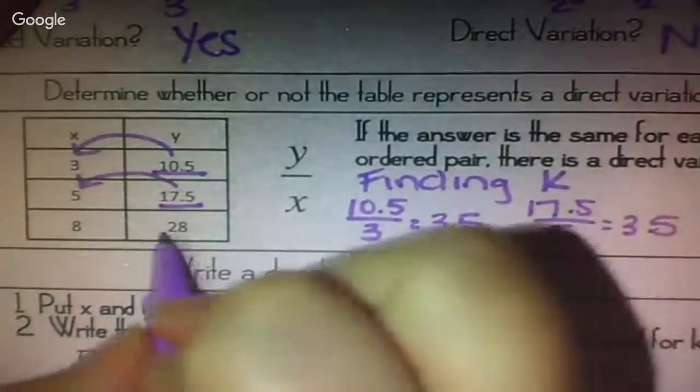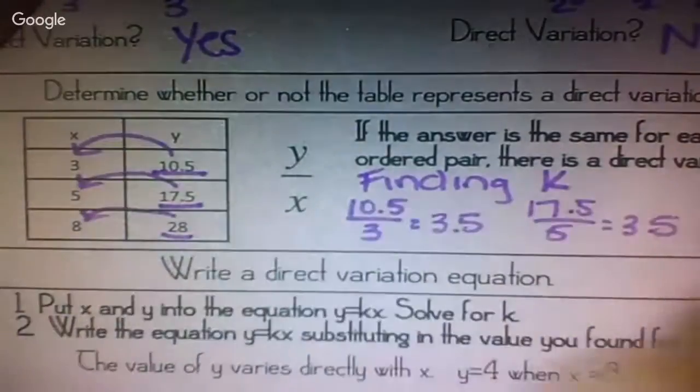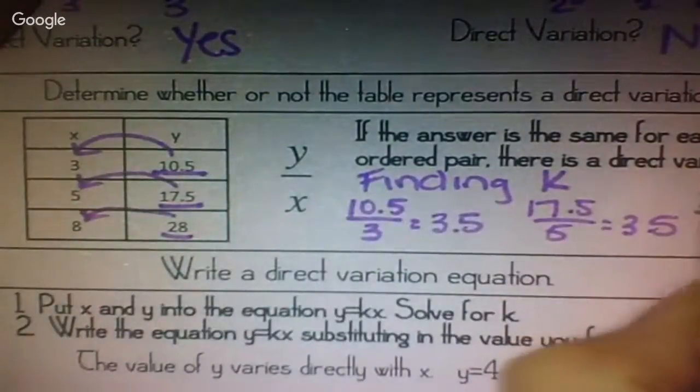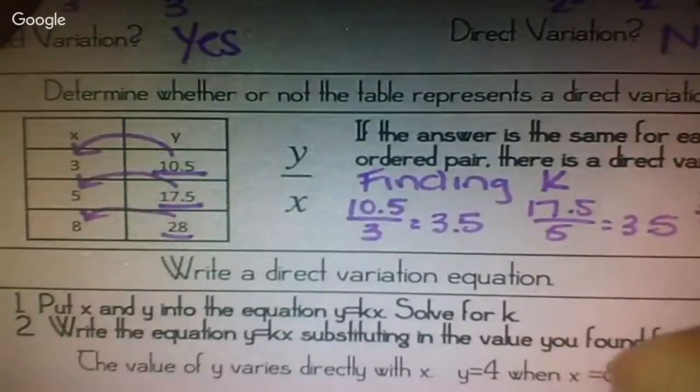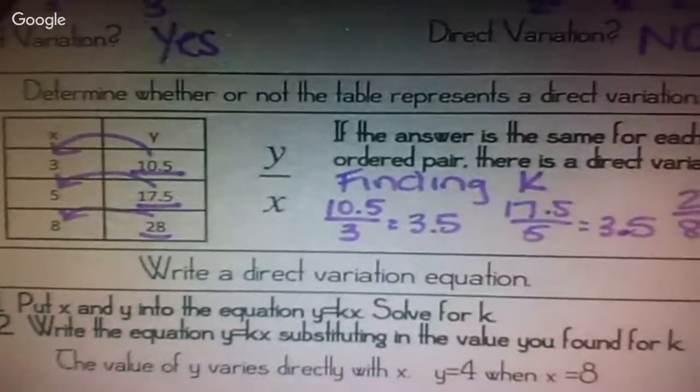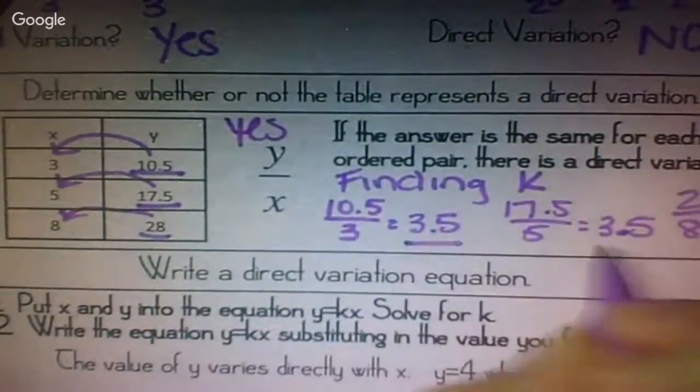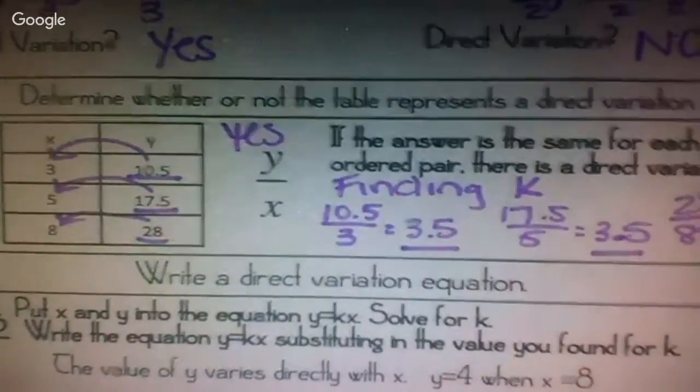And as long as this last one works, we're good. 28 divided by 8 is 3.5. I've done this for multiple years. So yes, this is direct variation because all of these values are the same.